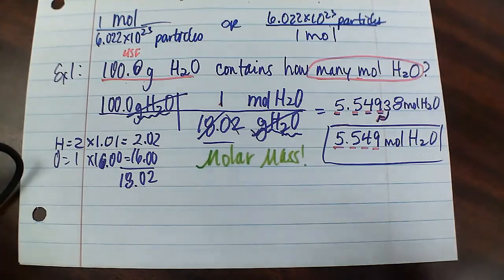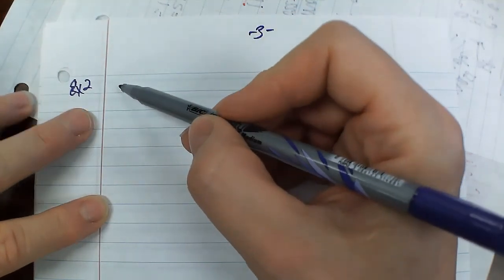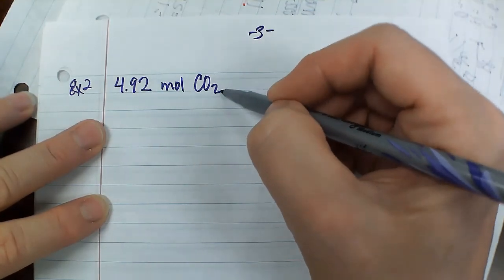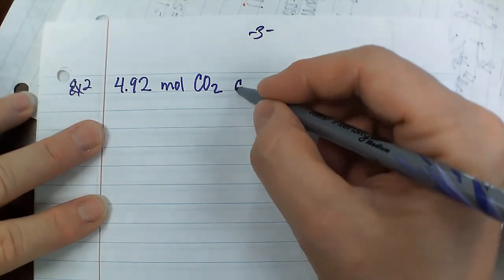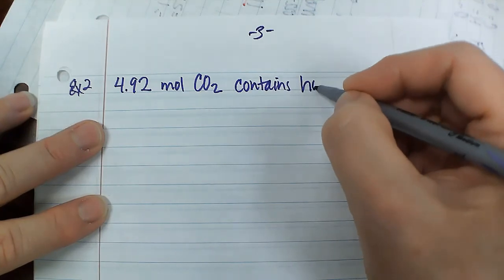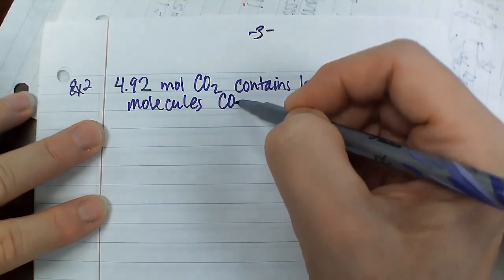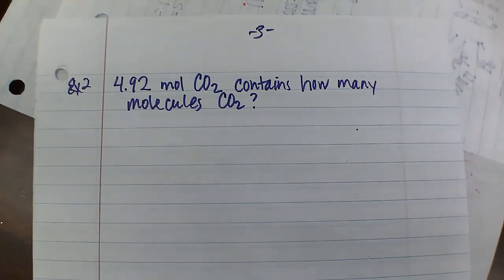Example number 2. I'm going to flip to the next page. All right, next example. 4.92 moles of CO2 contains how many molecules of CO2?